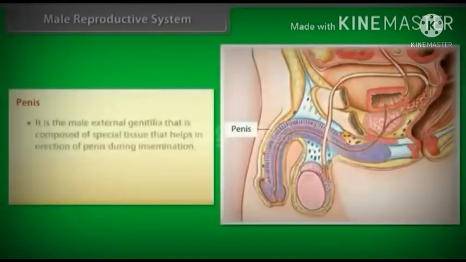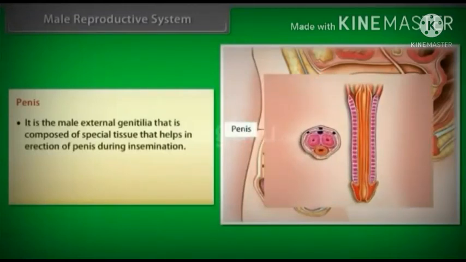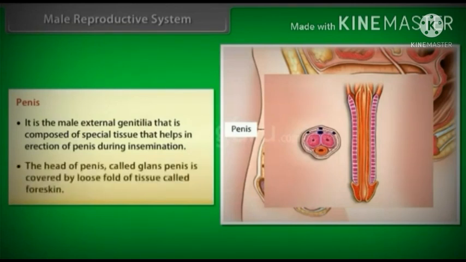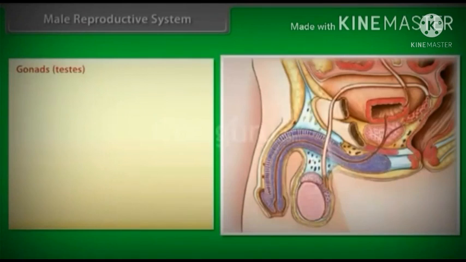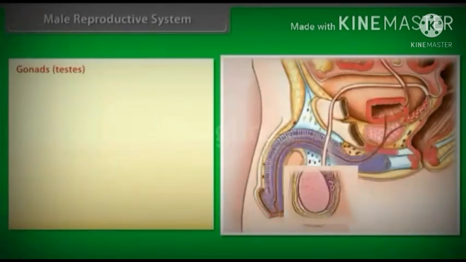Penis. It is the male external genitalia that is composed of special tissue that helps in erection of the penis during insemination. The head of the penis, glans penis, is covered by a loose fold of tissue called foreskin. Testes.